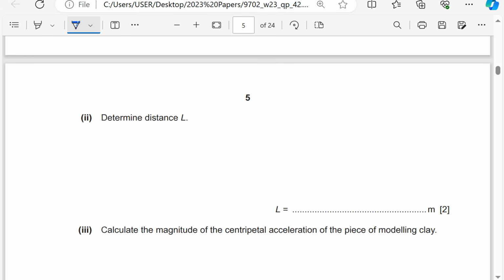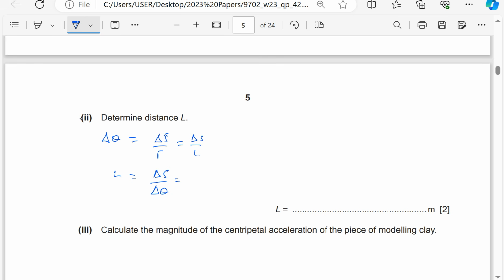Okay, determine distance L. Now it becomes very easy since I know that delta theta is equal to the arc length over the radius. We have the arc length, and the radius through which the mass is moving is the distance L. So this is going to be delta S over L. So L is going to be the arc length, or the distance through which the modeling clay moves, divided by delta theta.